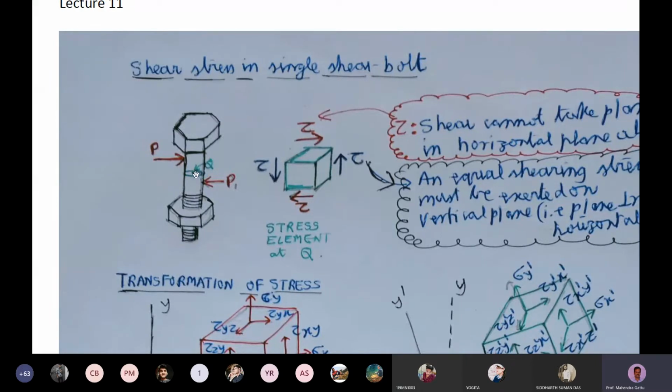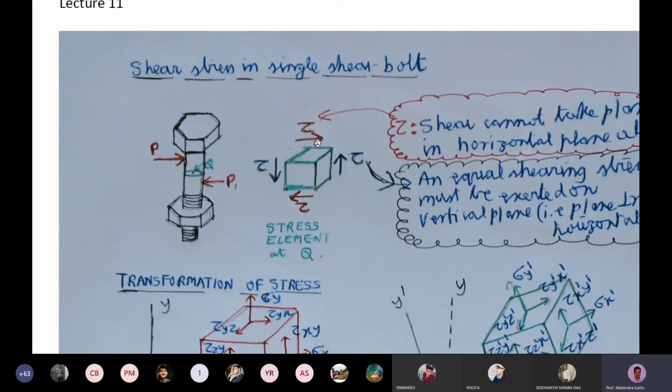So we take a point in the interior of the circle. Because of the single shear, if you cut the cross section here and look at the free body diagram for the top part, the shear force will act in the left direction. That shear force is shown here, the shear force acting to the left. And if you look at the free body diagram for the bottom part, the shear force will act to the right, and that shear force is shown here.